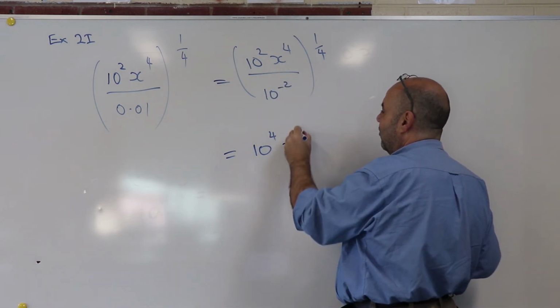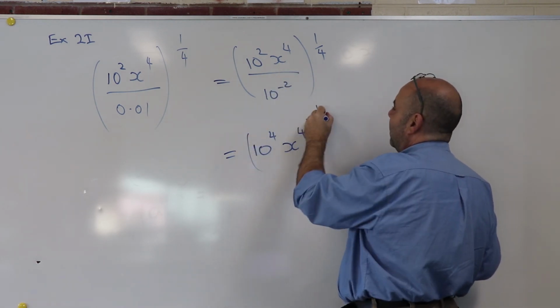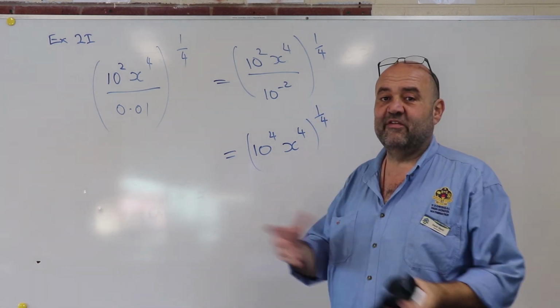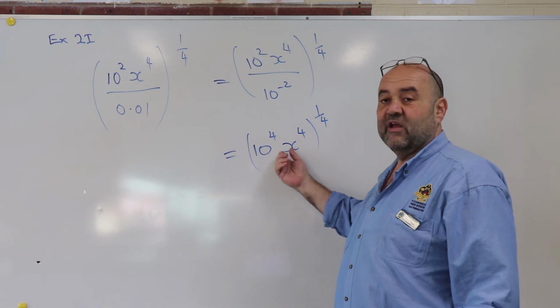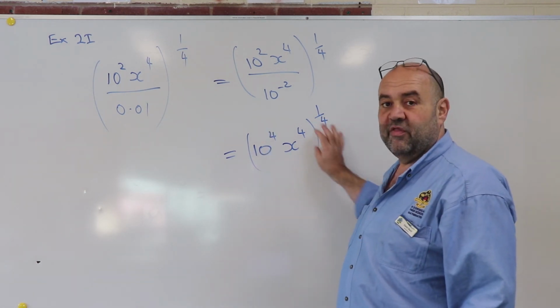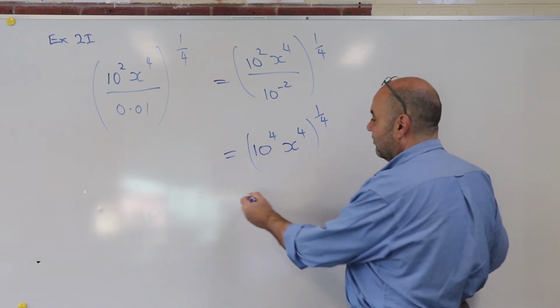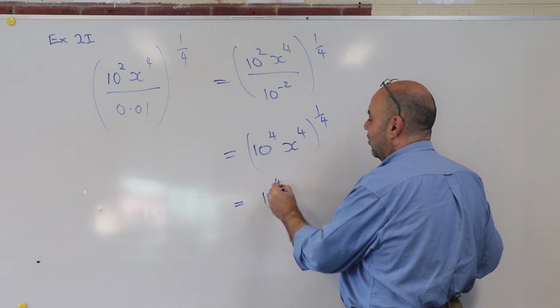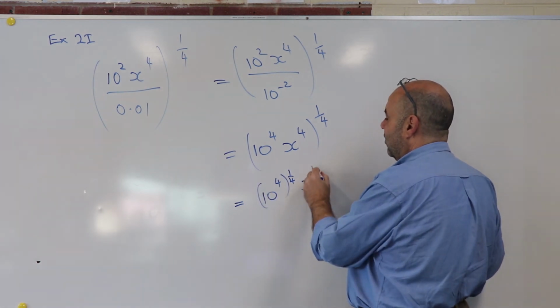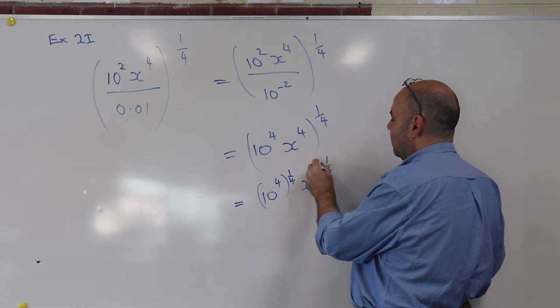So 10 to the power of 4, multiplied by x to the 4, all to the power of a quarter. Well, look at this. I've got a product of things being raised to a power. Well, that means that power goes over both terms. So I've got 10 to the 4 to the power of a quarter times x to the 4 to the power of a quarter.